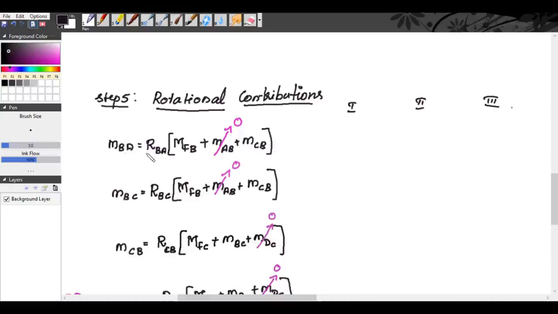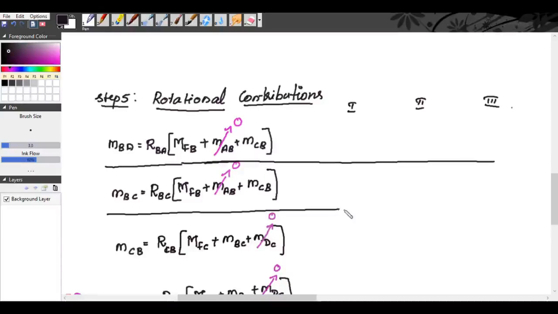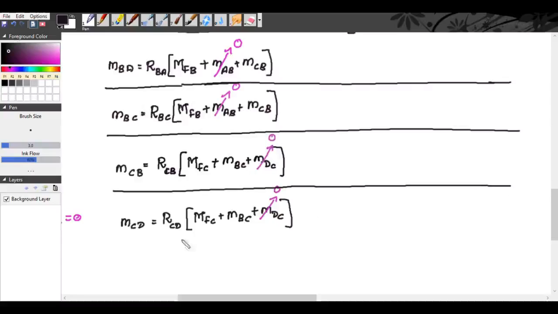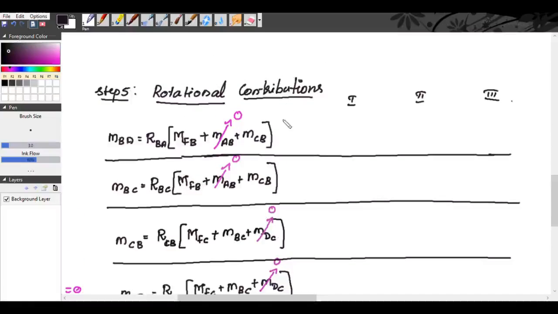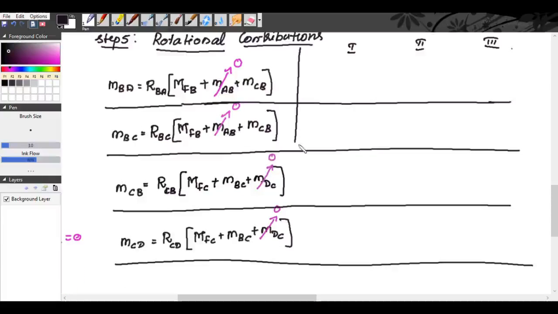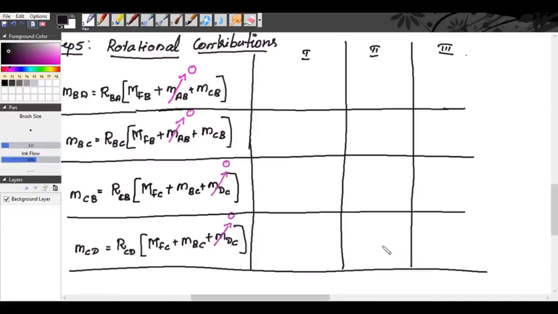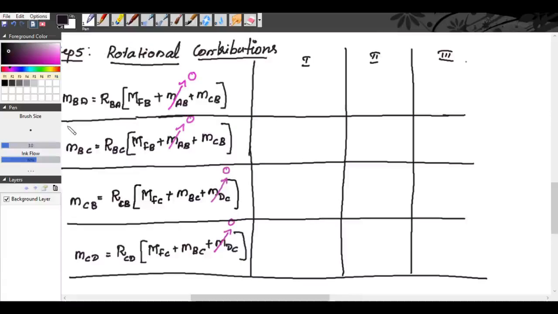So for the first iteration, MBA will be equal to RBA, that is minus 0.3333 into MFB, MFB is minus 8, plus 0.